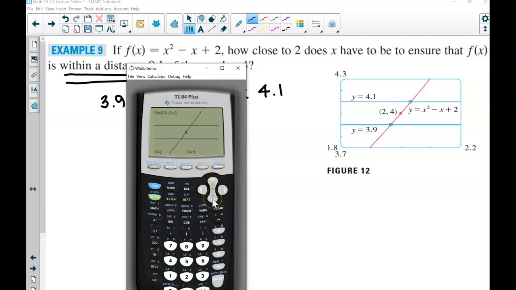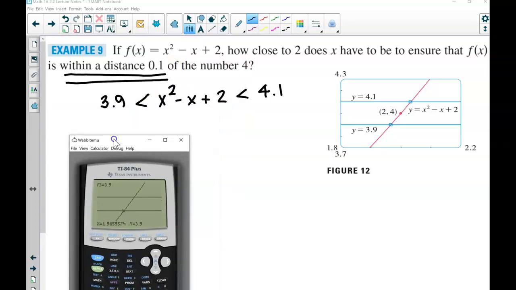So if we go down here, at the value of 3.9, what is the value for x?